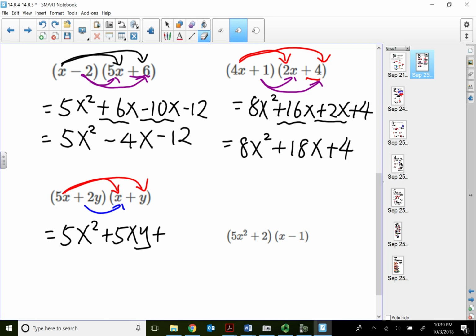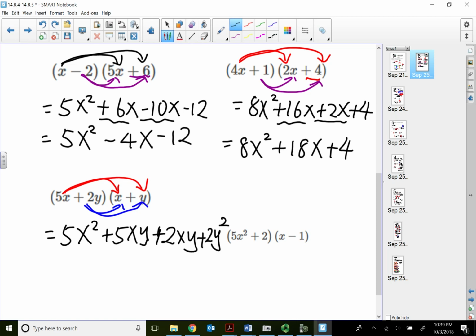And the reason why I mentioned that before is for polynomials. So we go by alphabetical order. That's why normally x goes before the y. So 2y times x is 2xy. The last thing I do is 2y times positive y, which will give me positive 2y squared.